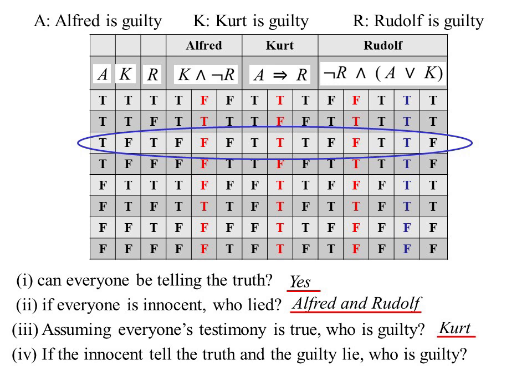It's that row right there. Because the innocent tell the truth. Look, Kurt this time told the truth, and Kurt's statement was false, so he was innocent. And the guilty lie. Alfred gave a false statement, but it's true here that he was guilty. Rudolph, same deal. So who's guilty? Both Alfred and Rudolph were guilty in this situation.